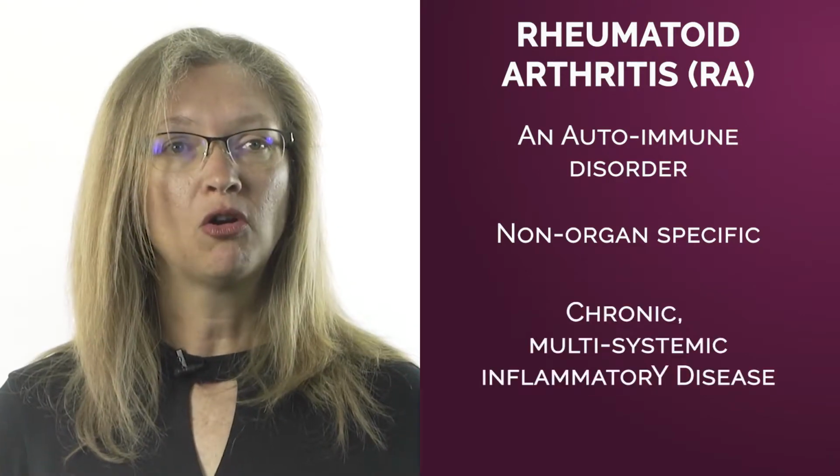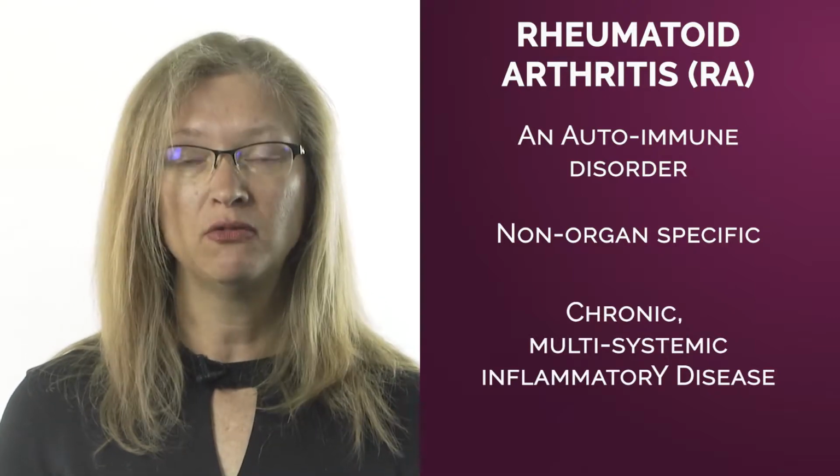Rheumatoid arthritis is a chronic, multisystemic, inflammatory disease. Autoantibodies attack the synovium, or the lining of the joint space, but the antibodies could also attack other body areas, as we will see in the presentation and complications.